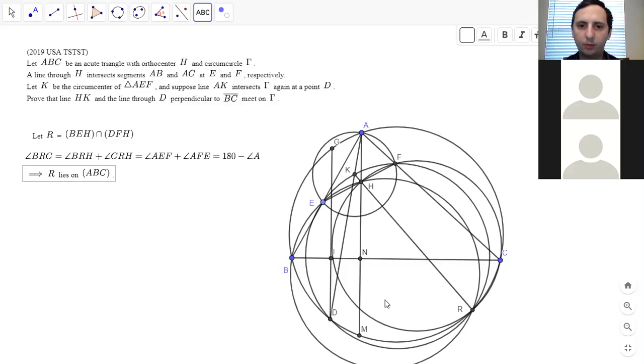So KE equals KF, and then first we use an angle chase to show KERF is cyclic.